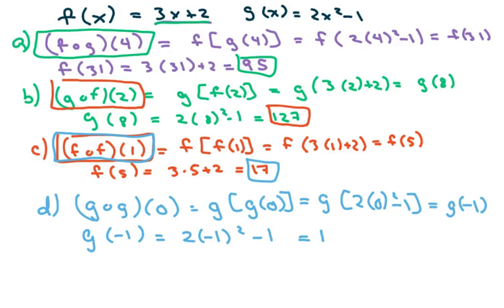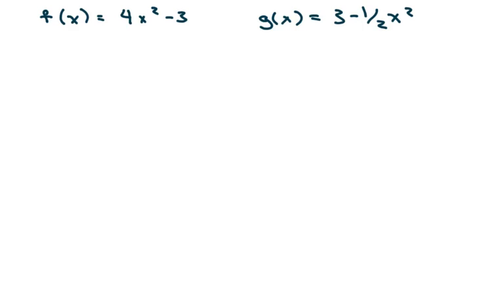And we're going to do another one, and that's going to be it because it's getting a little too long. We're going to do f of x equals 4x squared minus 3, and g of x equals 3 minus 1/2 x squared.